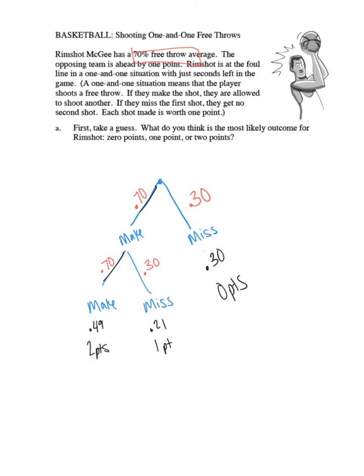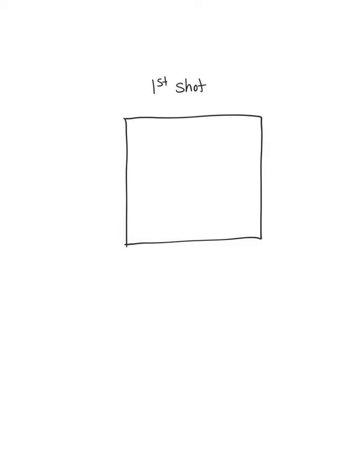The area diagram is a little messier here. So to make my area diagram, I'm going to start with the first shot. Well, he's got a 70% chance that he's going to make it, and a 30% chance he's going to miss it. But then he gets a second shot, and he's got a 70%.